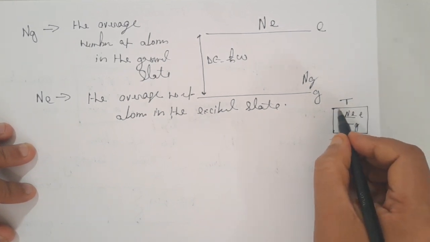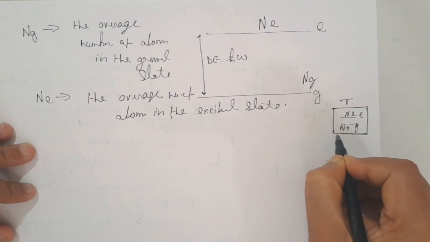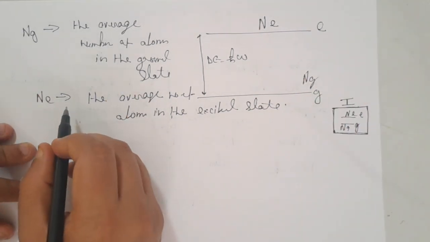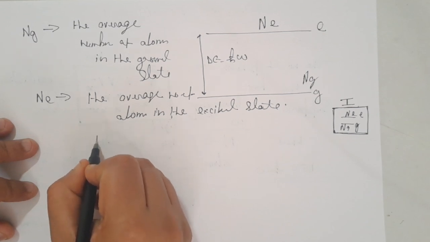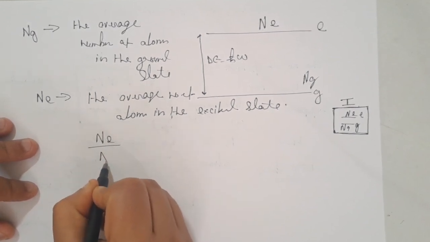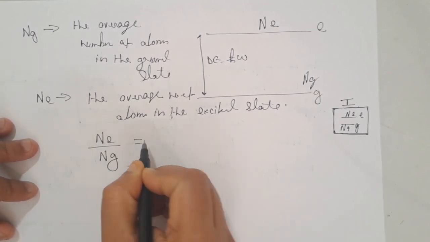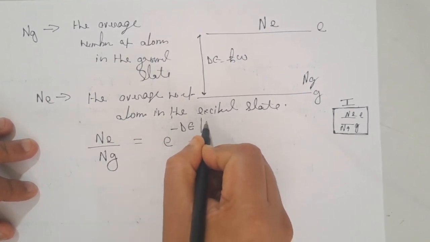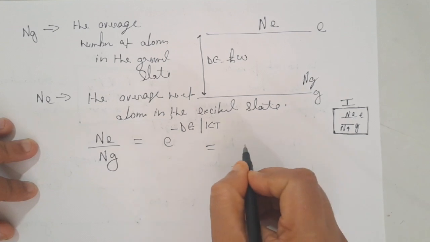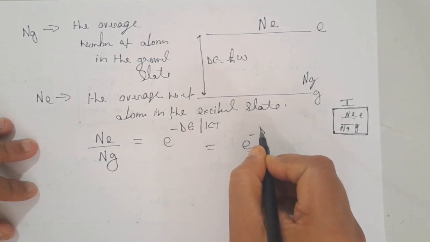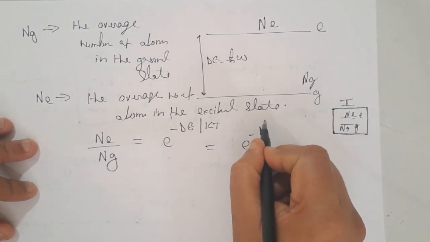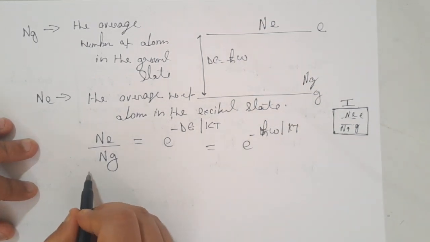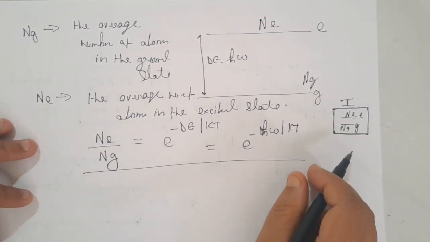Then according to statistical mechanics, Ne divided by Ng is equal to e to the power minus delta E divided by kT, where delta E is nothing but h bar omega.